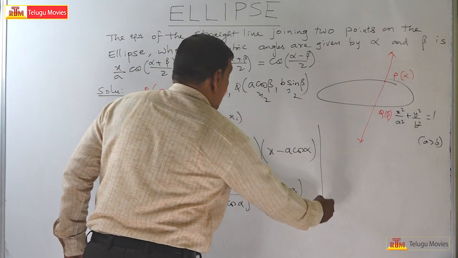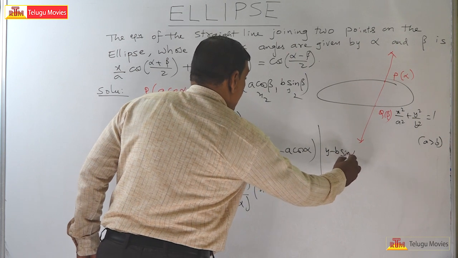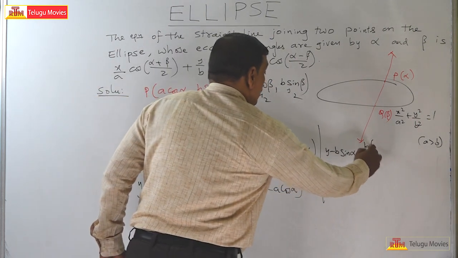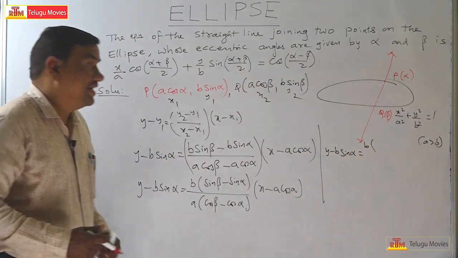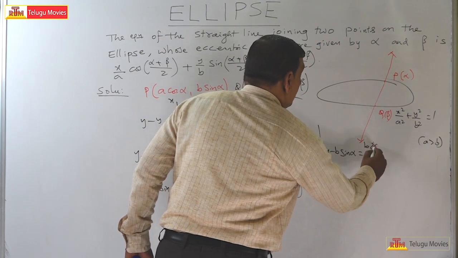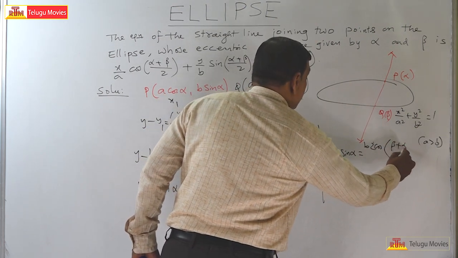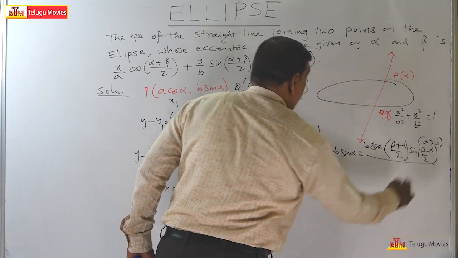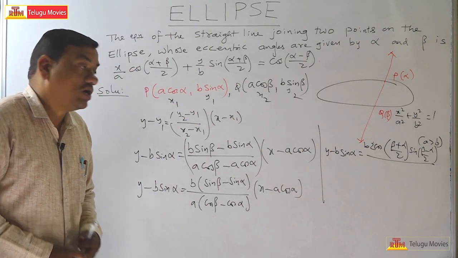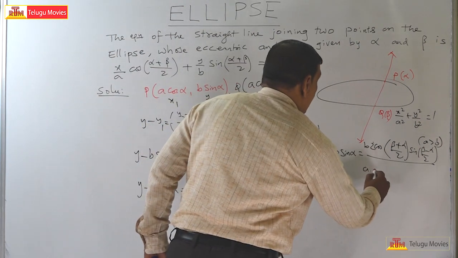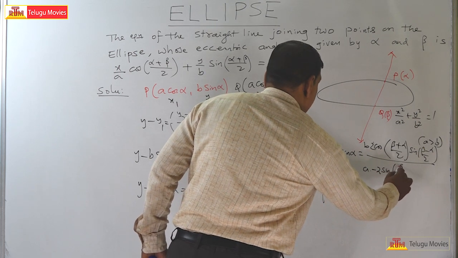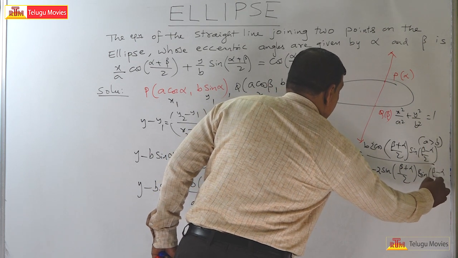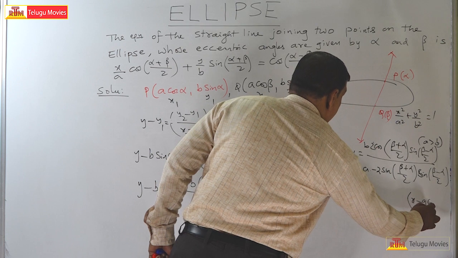Sin C minus sin D is 2 cos((C+D)/2) sin((C-D)/2), divided by cos C minus cos D, which is minus 2 sin((C+D)/2) sin((C-D)/2), times (x minus a cos alpha).